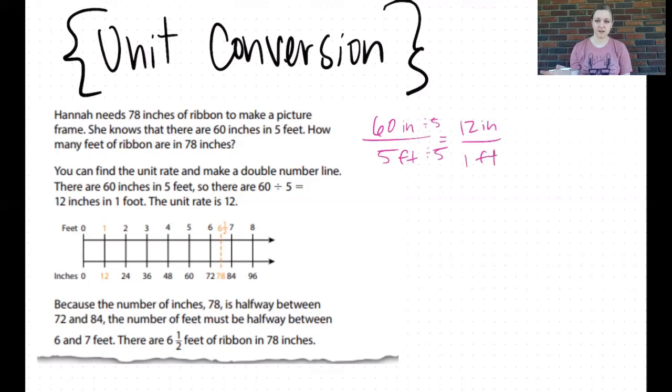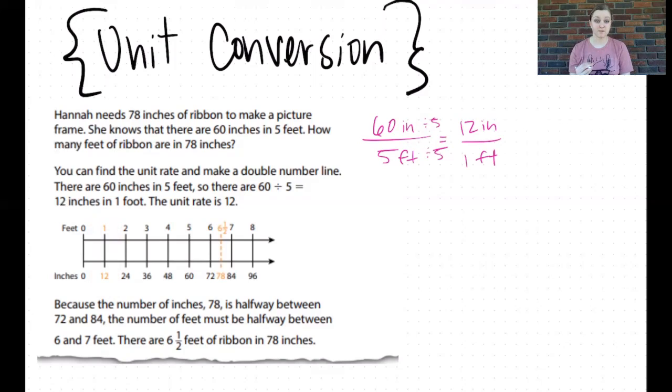Now, you can solve for that by dividing, or you might just already know that, and that's okay too. We see that right here, right? The 12 inches is equivalent to the 1 foot right there. You can also solve for it.